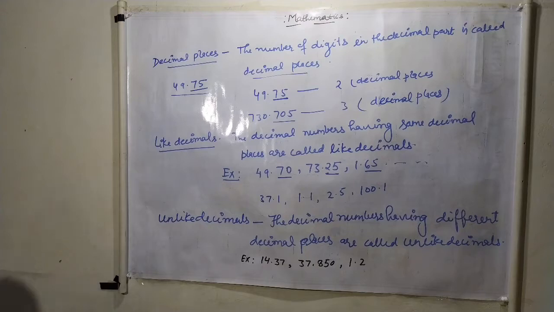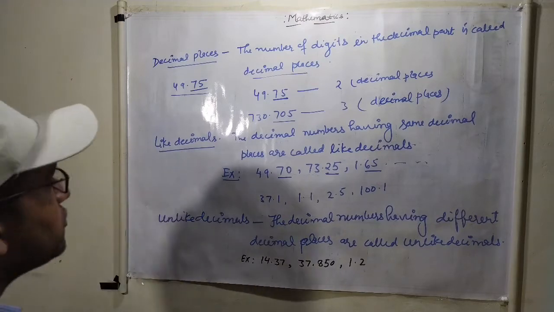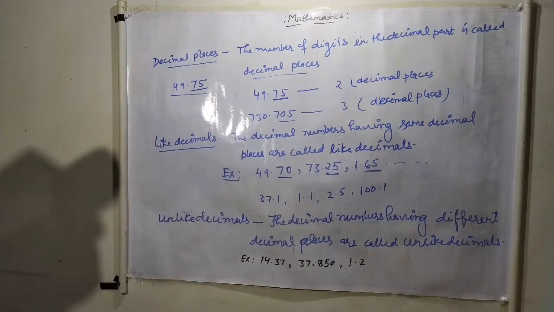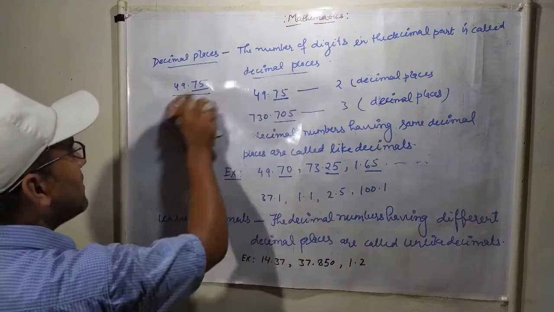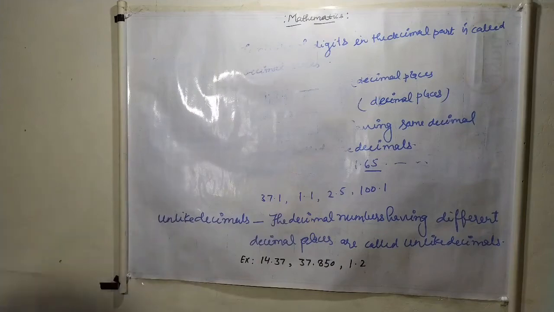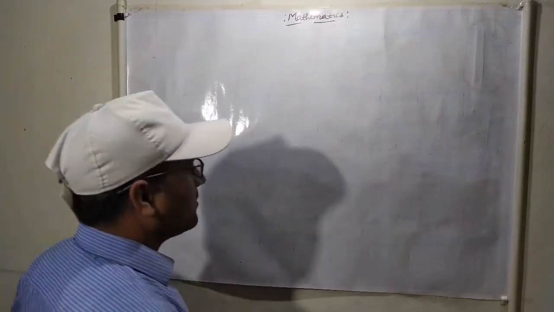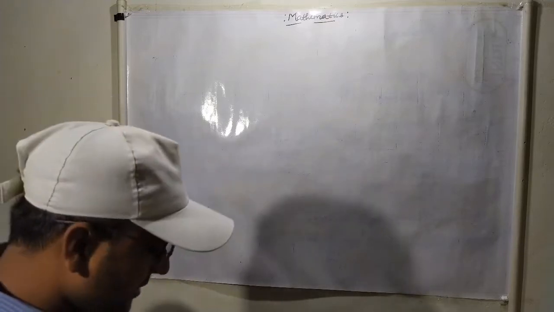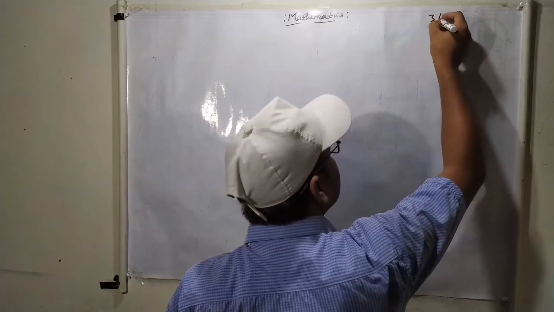After that, one more point: how to change unlike decimals into like decimals. Hello, students. One more point before starting your exercise 3A and 3B.